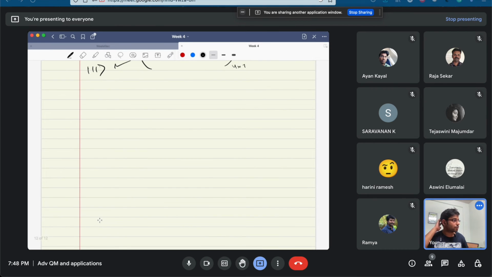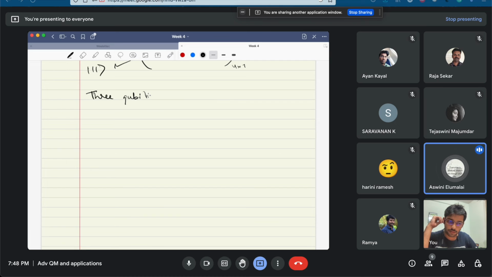Okay, now let's take a more complex setting. So let's do a 3 qubit state. Okay, a 3 qubit. Sorry, I don't understand. Ashwini, do you have any question?